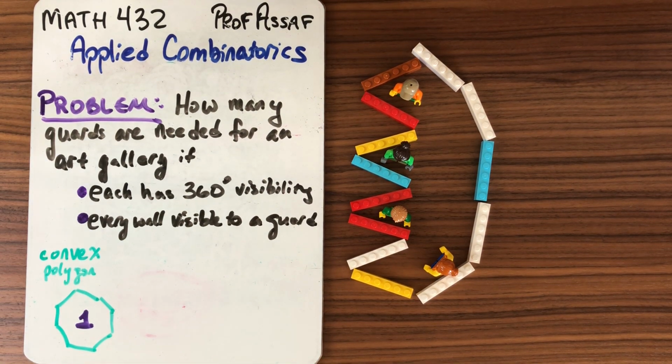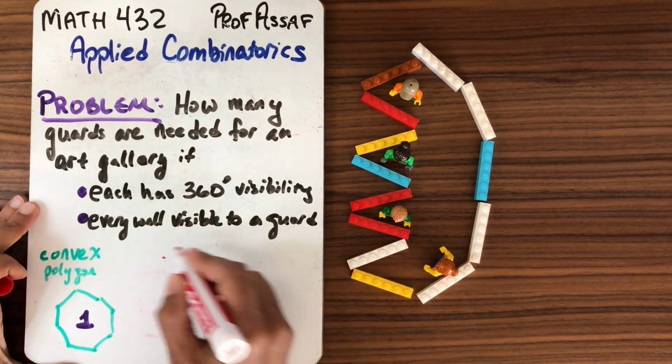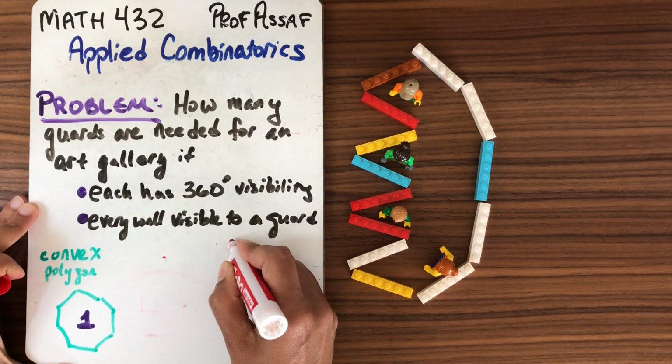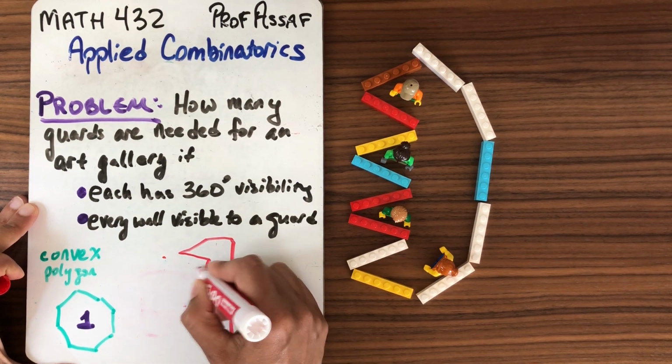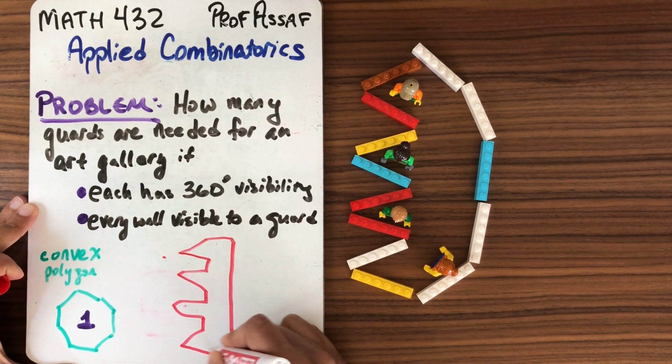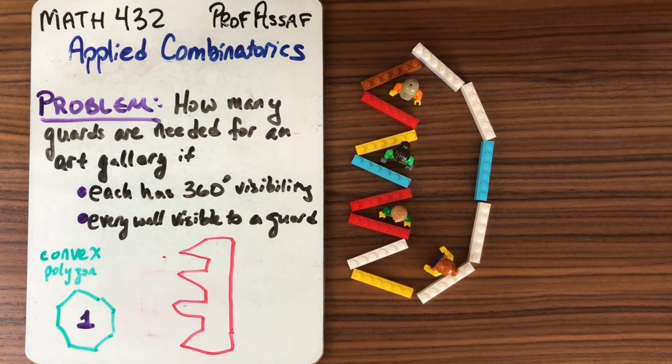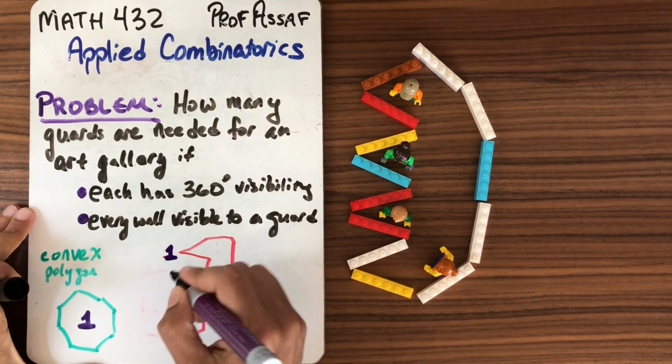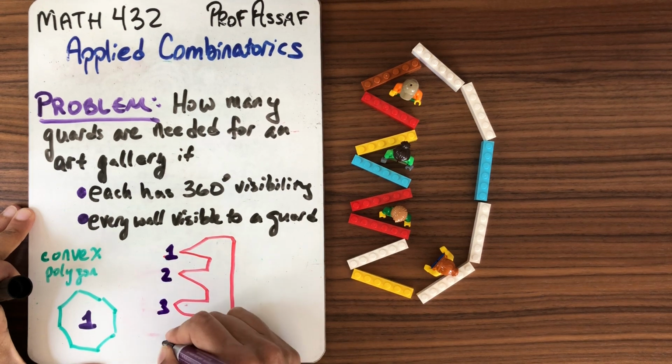In this case, I guess I can draw it like this. We're going to have a museum that has these combs coming out of these sort of spiky regions. And then in this case, we can think about, well, how many walls does this museum have? So we're going to need one guard here, a second guard here, a third guard here, and a fourth guard here.